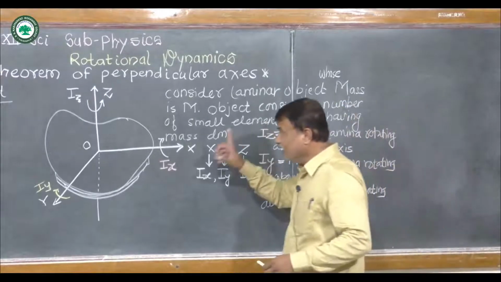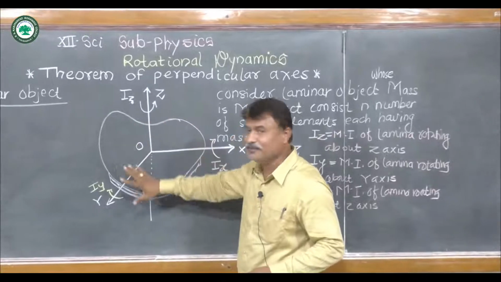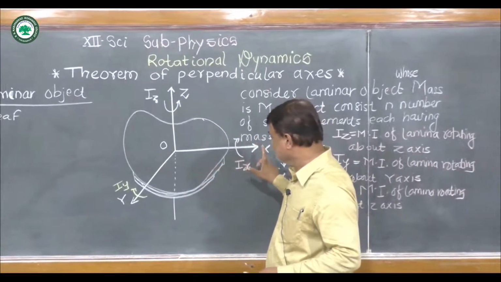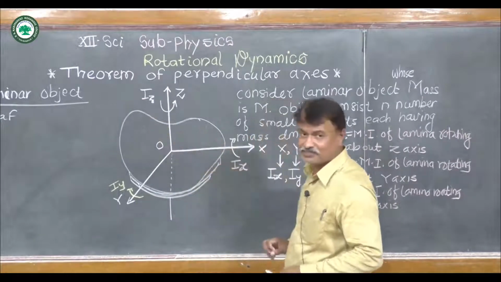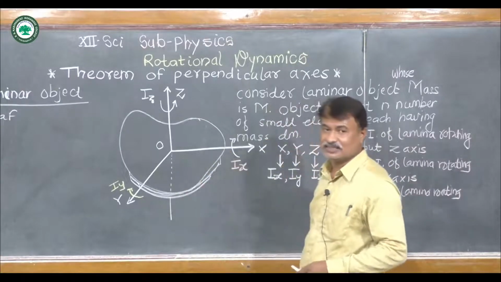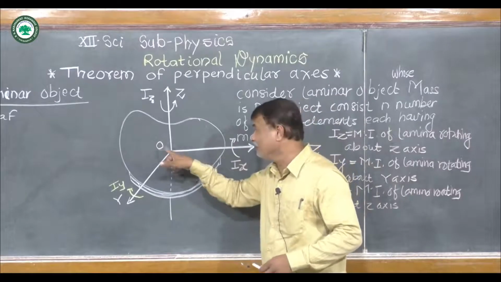But always remember that the z-axis is perpendicular to the plane of the figure, and Ix and Iy lie in the same plane, that of the laminar object, but these two axes are mutually perpendicular to each other. All these three axes are concurrent at point O.